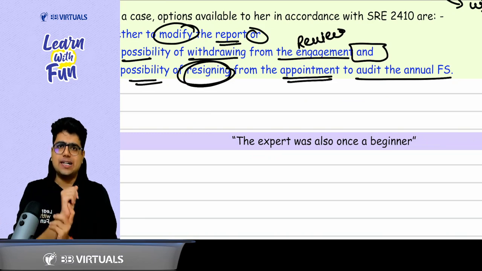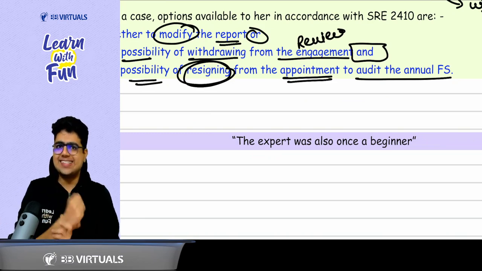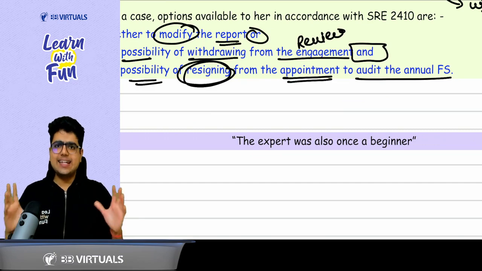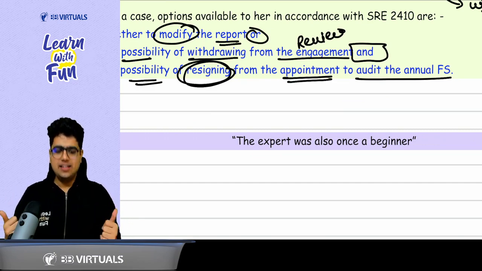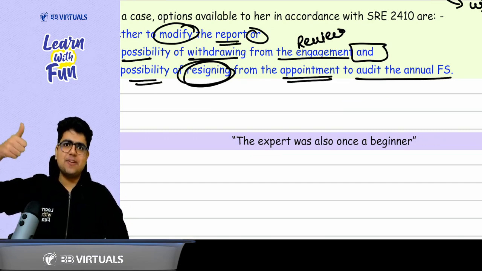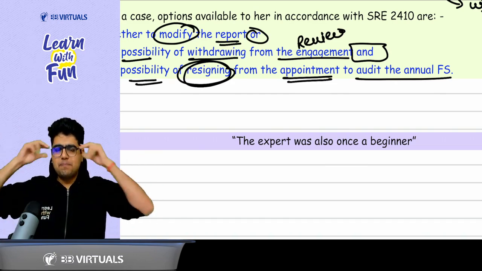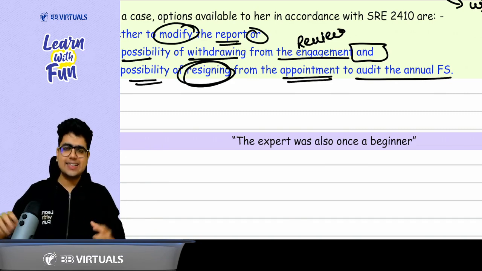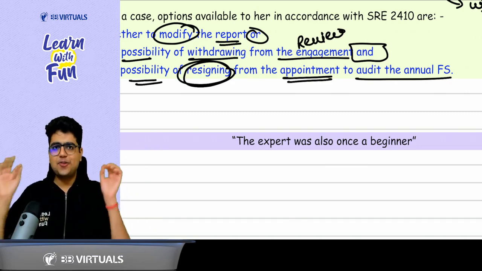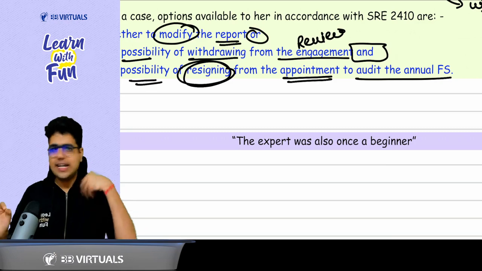Thanks a lot for being so participative, for being so energetic throughout the session. This SRE, once you look at it prima facie, may appear to be a very big chapter. But if you look at it from my lens, it is nothing. Just 4 or 5 concepts need to be learned.